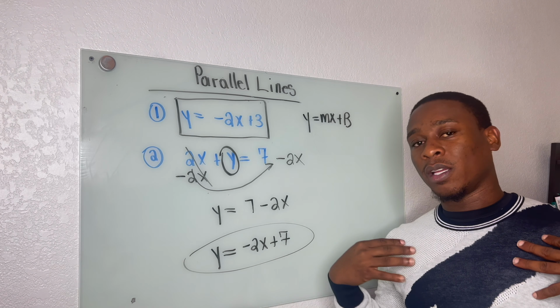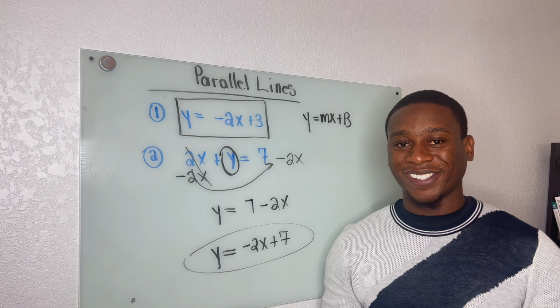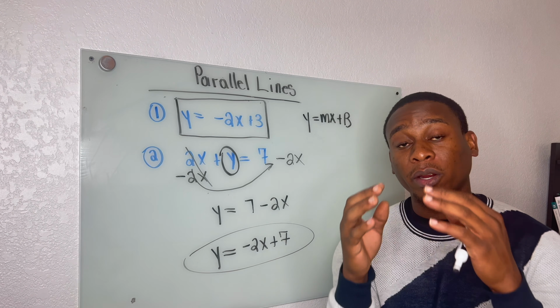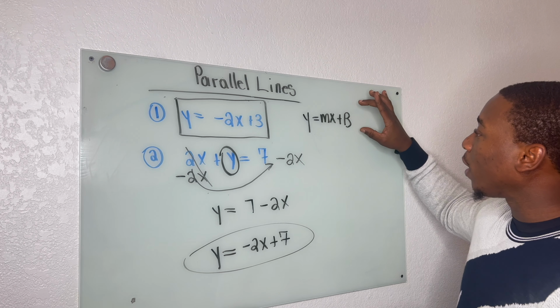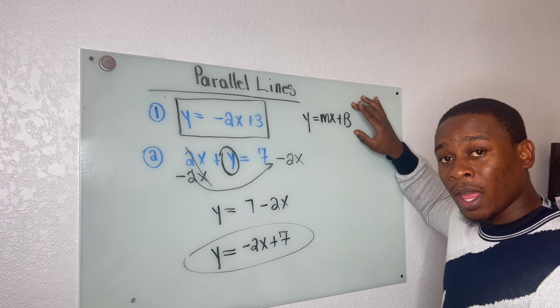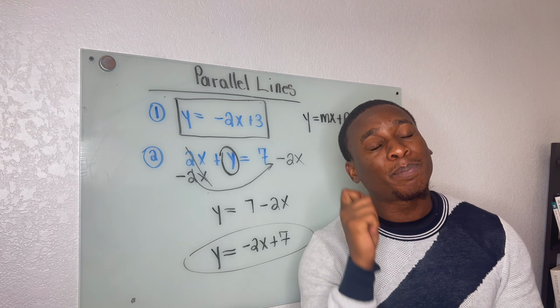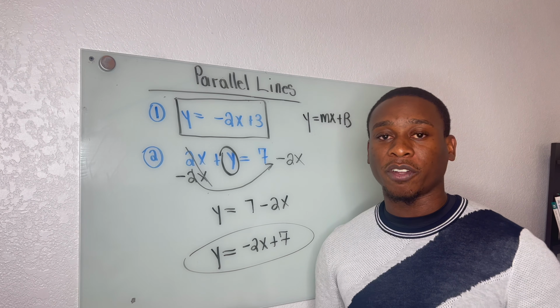I see same slope, negative 2, different y-intercept, right? So please, guys, make sure that when they ask you to compare two equations, two lines, they're both in slope-intercept form, right? And please make sure that you're comparing the y-intercepts and especially the slopes because they have to be the same.